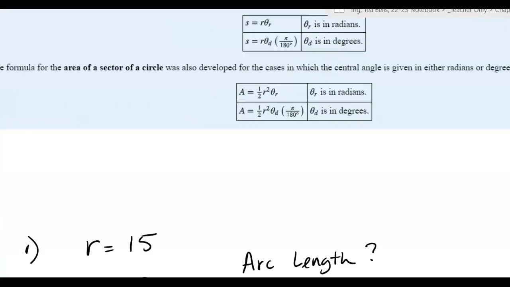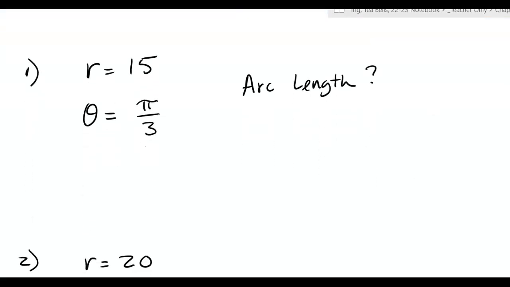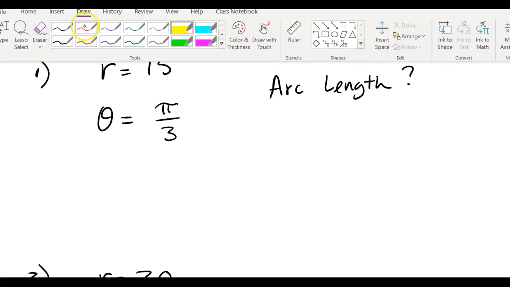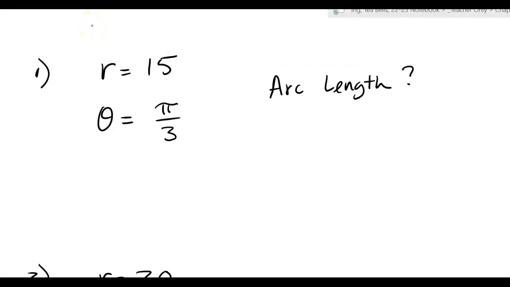Okay, so let's do a couple examples. So what happens if we need to find our arc length? Okay, our arc length, if you remember, started with S, and it is our radius times our angle when our angle is in radians.